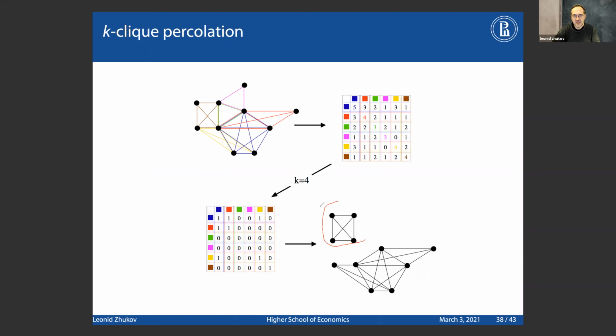One is this community, which is this one, and there is the rest of the graph. And so yes, it's an overlapping community. Notice that this node also belongs to both, it sort of split, right? It sort of doubled here, so you can see it. So that's the k-clique percolation.